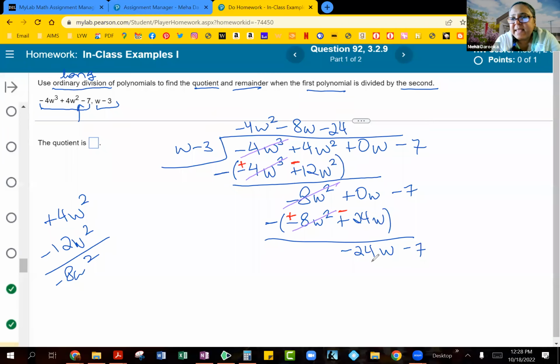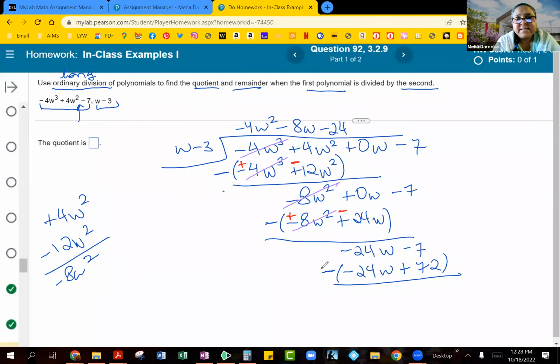So just put that negative 24 from here into your quotient, and then we'll be ready to simplify this. So back to multiplying. W times negative 24 will give us negative 24w. Negative 3 times negative 24. So negative and negative again would be positive. What is 24 times 3? Like 70 something. 72. And then again, you need to subtract that.